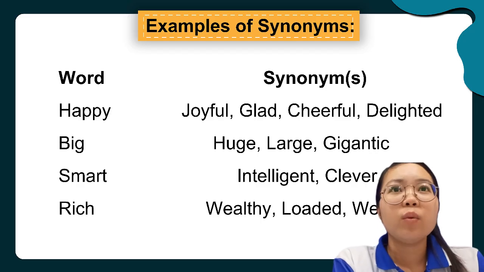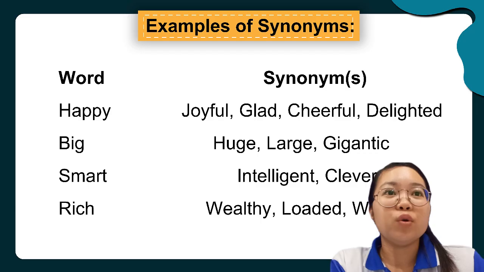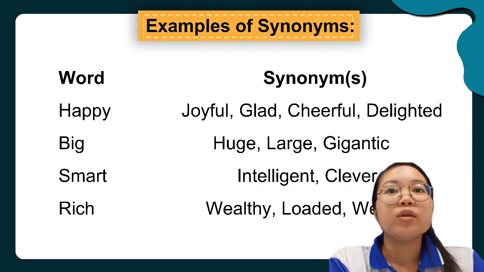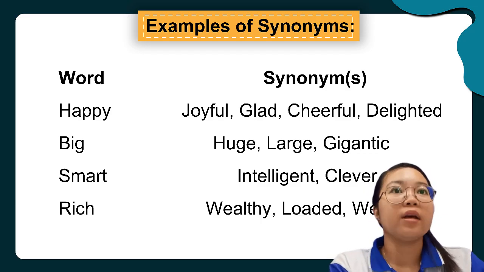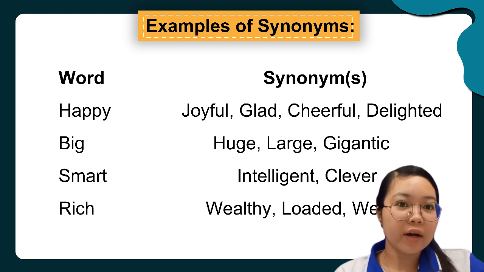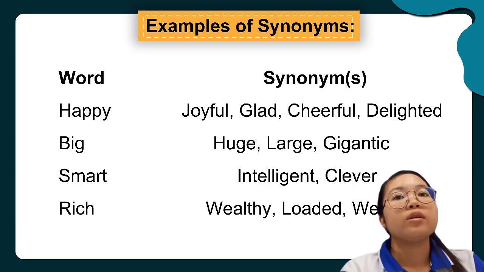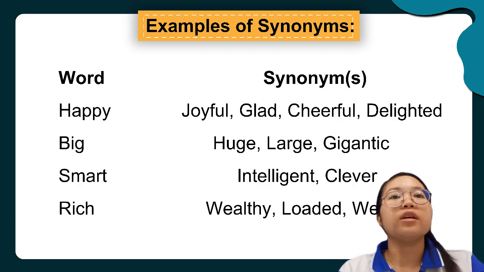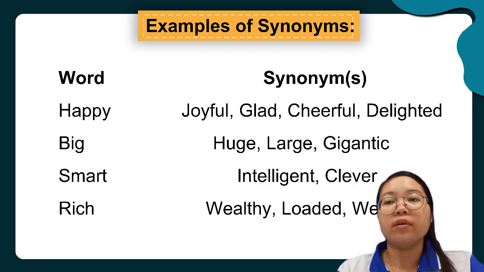The second one is big. The synonyms of big are huge, large, and gigantic. The third word is smart. The synonyms of smart are intelligent and clever. The last word is rich. The synonyms of rich are wealthy, loaded, and well off.